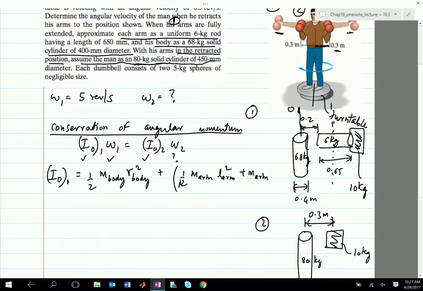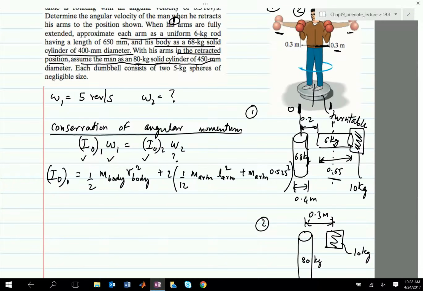So we've got to find the distance from this axis to this axis. You can see that's 0.2 plus half of 0.65, which is 0.525. So I'll write 0.525 squared. And since this is just 1 arm, I'm going to multiply this whole thing by 2, because we have to do the same thing on the other side, this other arm.